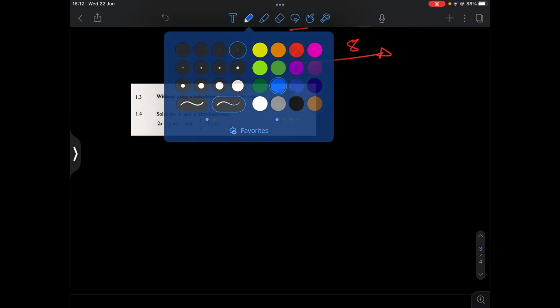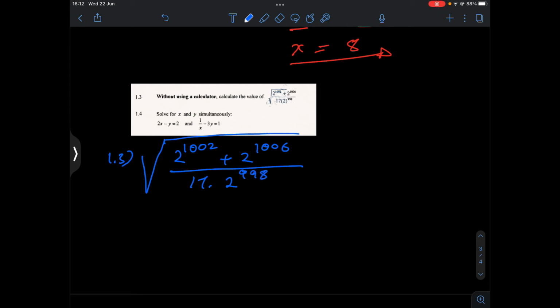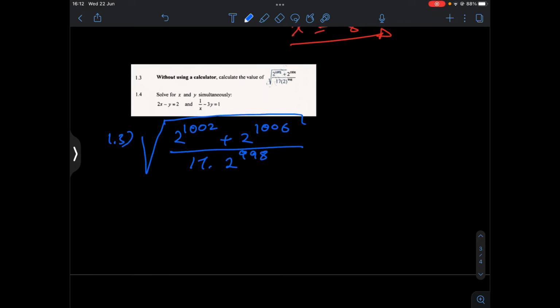For 1.3, I'll rewrite the question clearly for you. That's 2 to the exponent 1002 plus 2 to the 1006, all divided by 17 times 2 to the power of 998. So we have to solve for this one.